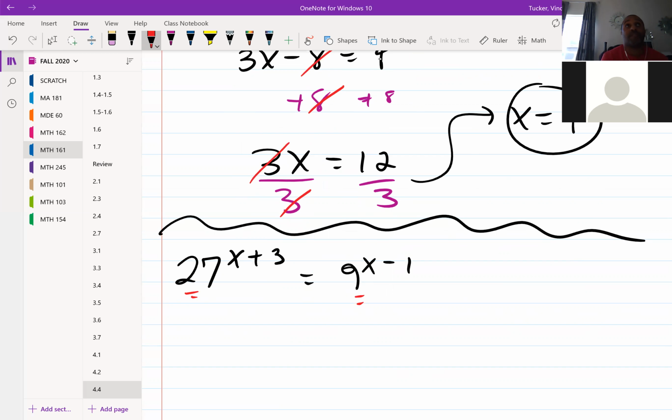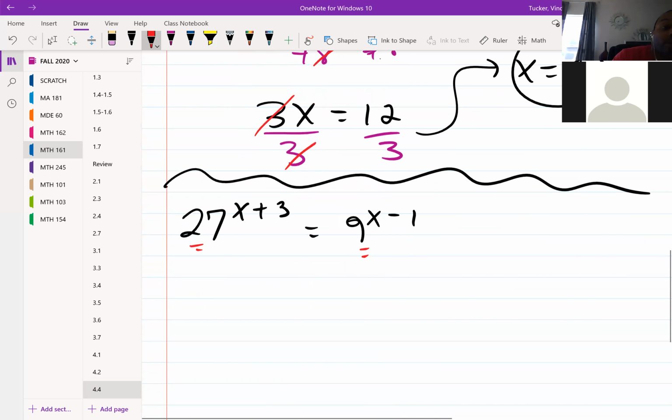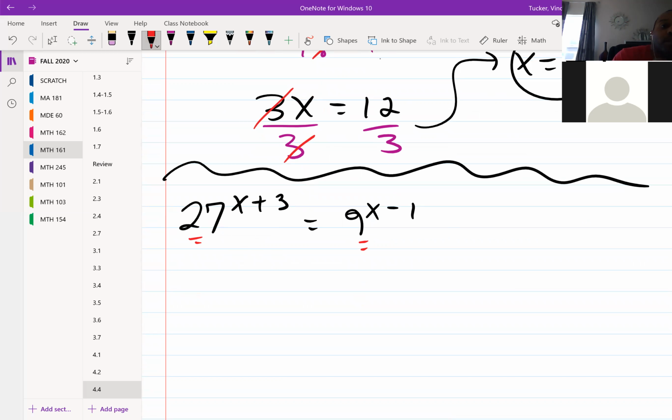I can't write the 27 as a 9 as far as powers are concerned. I cannot write the 9 as a 27 in reference to my powers, but I can write both of them in terms of 3. So 27 is 3 cubed. And 9 is 3 squared.